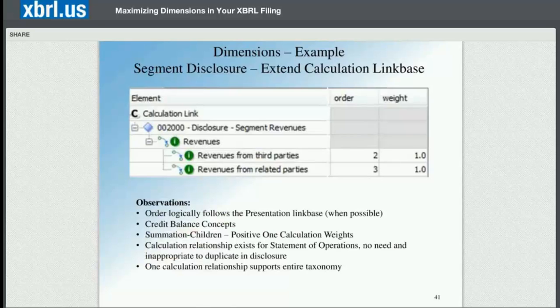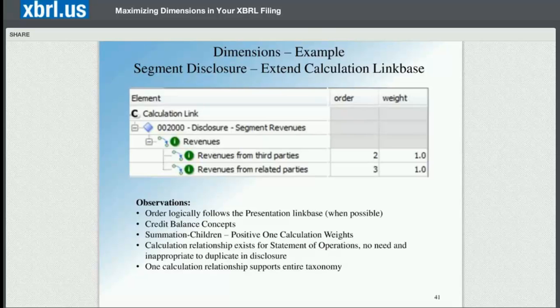And that one calculation supports those concepts wherever they exist or appear throughout the taxonomy, because a concept is always the same. So one calculation relationship provides support to the entire taxonomy, which is why the EDGAR Filing Manual says that you should not build distinct calculation relationships that appear in multiple link roles, that you should only build it once, because they don't want you to duplicate or possibly incorrectly state the calculation in multiple places, because then the data becomes unconsumable.